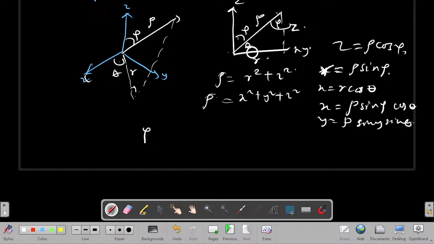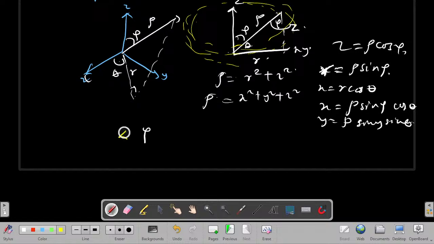So if I have phi of any angle and I rotate the spatial radius, I will end up getting a shape. If your phi is 180, you end up getting a sphere. Phi can never exceed 180. When it is 90, you end up getting a hemisphere. When it is 45, you get a cone. So please take note of phi.